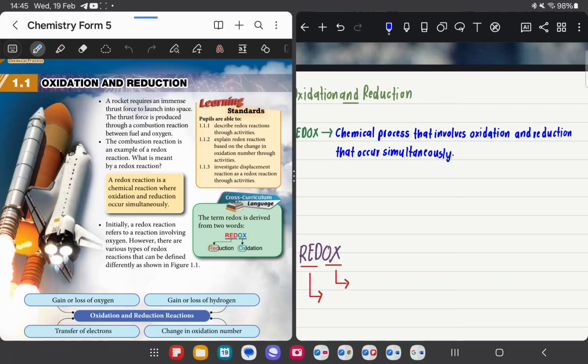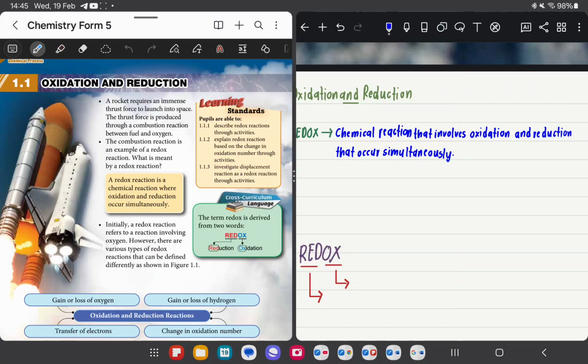You see, you can say it's a chemical process or chemical reaction. Usually we prefer word by word definition, so you can say chemical reaction. Okay, it is a chemical reaction whereby your oxidation and reduction both occur at the same time.